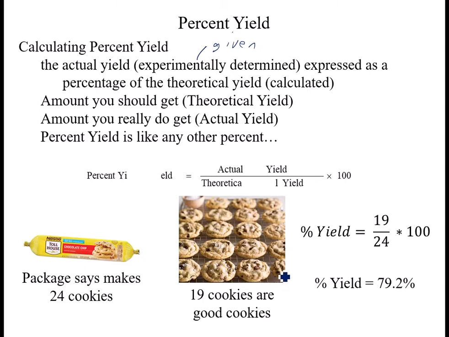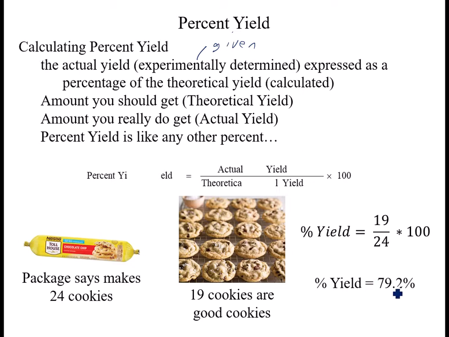In all fairness, I just grabbed these two images off of the internet, and I made up the 24. Percent yield is the 19 cookies that I actually was able to produce for whatever reason. The 24 is what the package said I should be making if I do it all right, times 100. So my percent yield on my cookies is only 79.2.